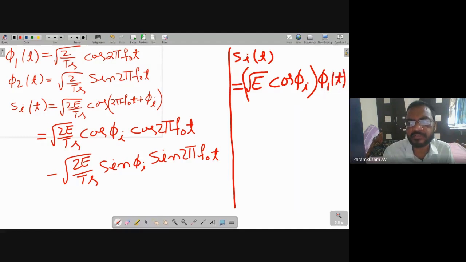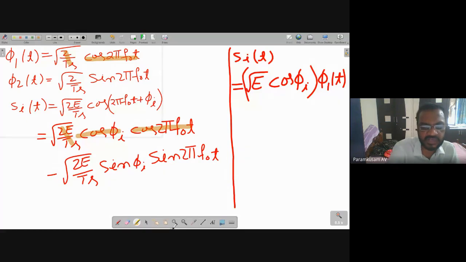చూడండి సరిపోయింది లేదా? Root E cos φi. Root E cos φi రాసాము. ఈ రెండు తీసేస్తే మిగిలింది root over 2 by Ts cos 2π f0 t. That root over 2 by Ts cos 2π f0 t is equal to φ1 కదా.